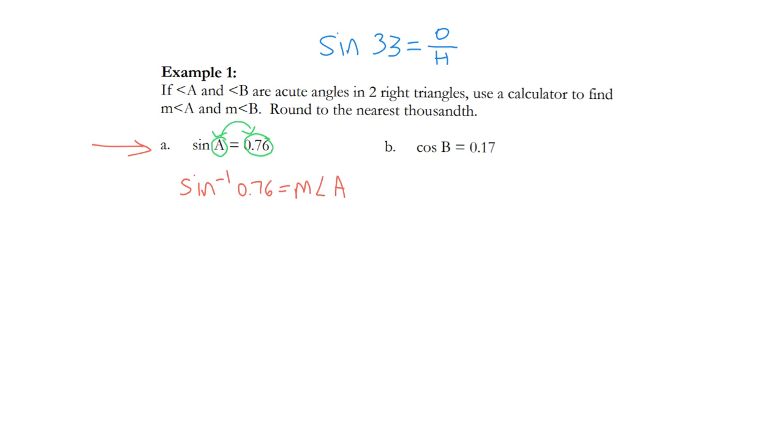So hit shift and then sine, and what should appear on your calculator is sine with a little -1 like this right here. So now we're going to type in 0.76 and hit enter. What you should find is 49.464 equals the measure of angle A. Okay, so we're using inverse sine to find the missing angle.